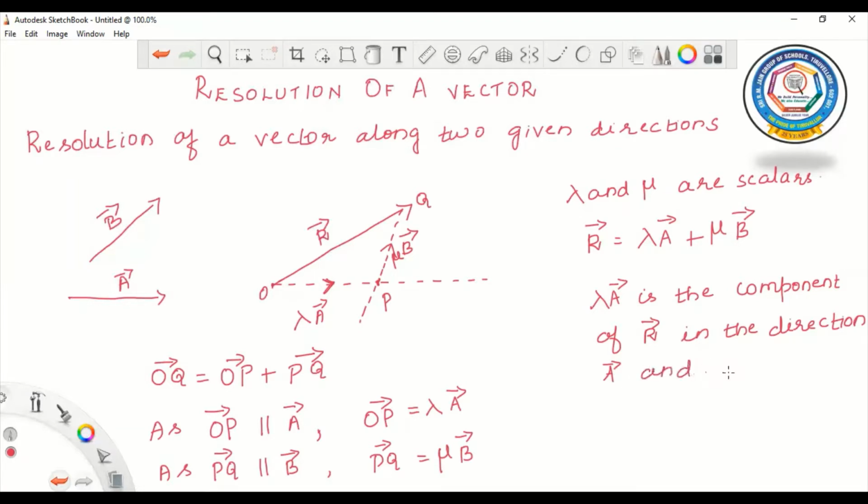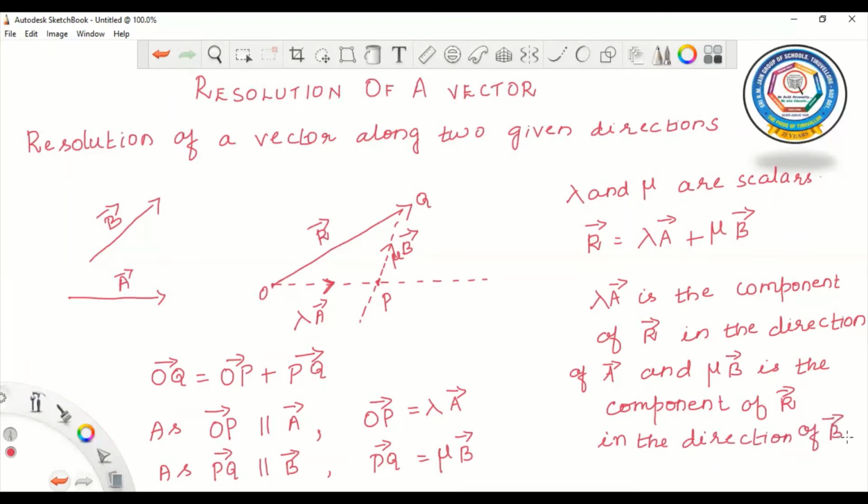And similarly, we can write that mu B is the component of R vector in the direction of B vector.